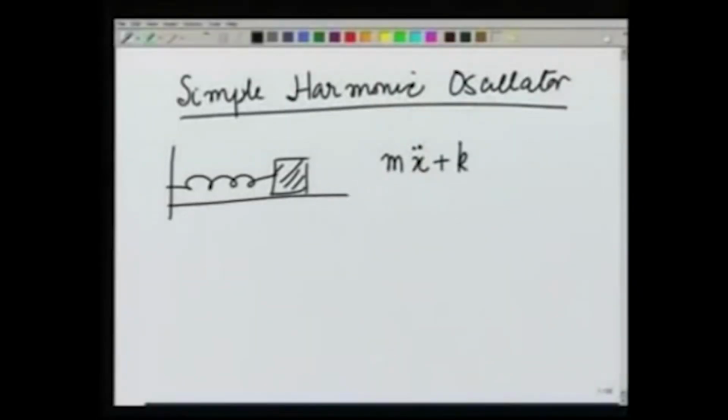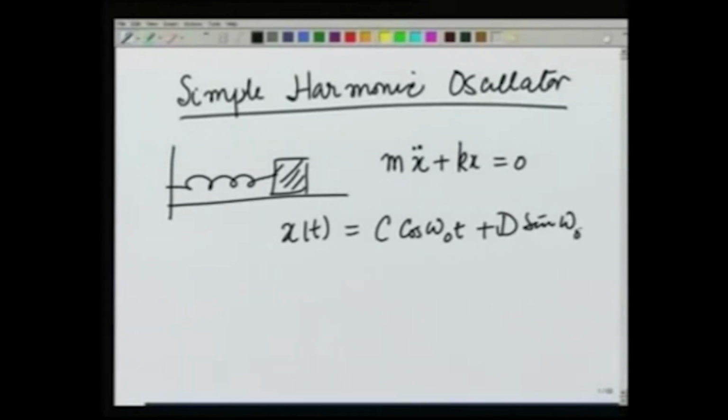The general equation of motion being m x double dot plus k x equal to 0, and the general solution being x(t) is equal to c cosine omega 0 t plus d sine of omega 0 t, where omega 0 is the square root of k over m, and c and d are determined by the initial conditions.